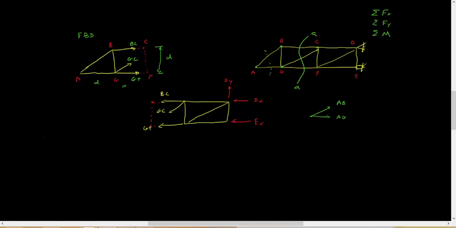So your procedure is you draw your free body diagram, and you're going to draw your cut sections, which is pretty much your free body diagram, and then you'll be using your equilibrium equations in order to solve for your members. And again, if it came out positive, it would be tension. If it came out negative, it would be in compression.